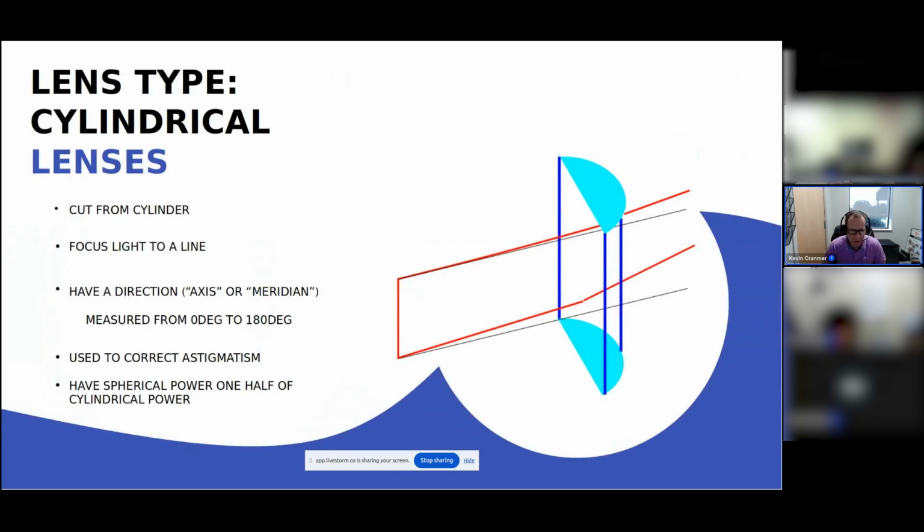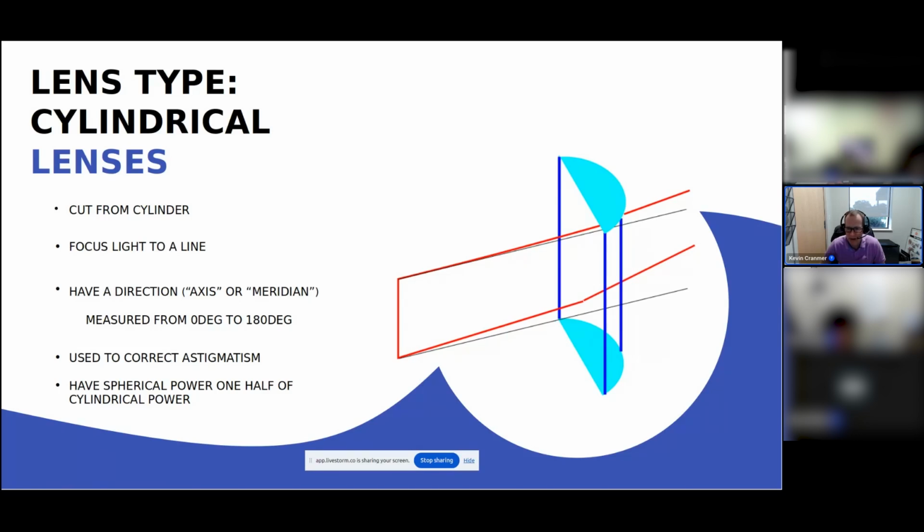The last lens we're going to talk about is a cylindrical lens, and this gets a little bit more complicated. But these lenses are literally of a type that's cut from a cylinder. If you can imagine a glass rod, if you sort of cut it in half through the long axis, then you look at the front surface of that, and you see that there is a curved front surface that will focus light down.